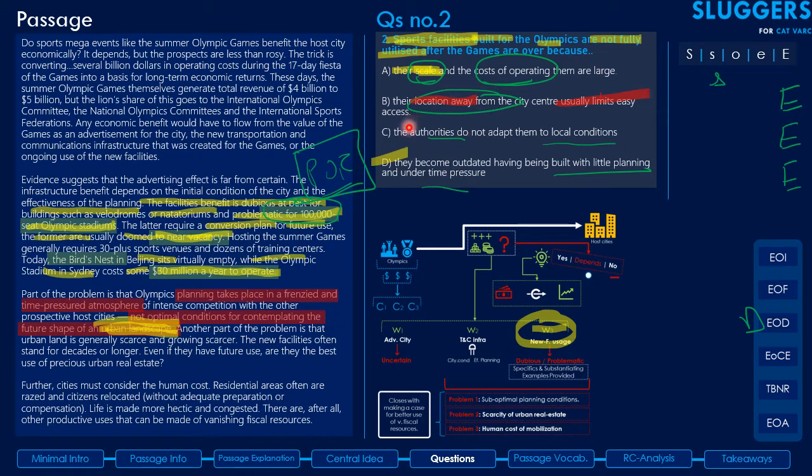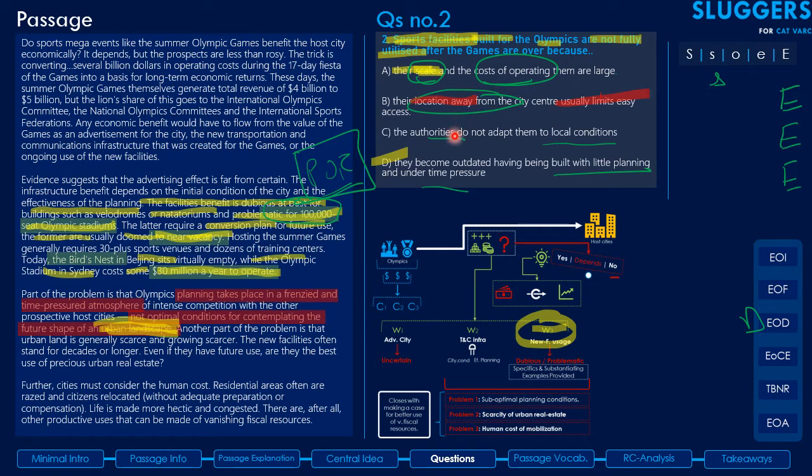Option 2 says that they are not fully utilized after the games are over because their location away from the city center usually limits easy access.